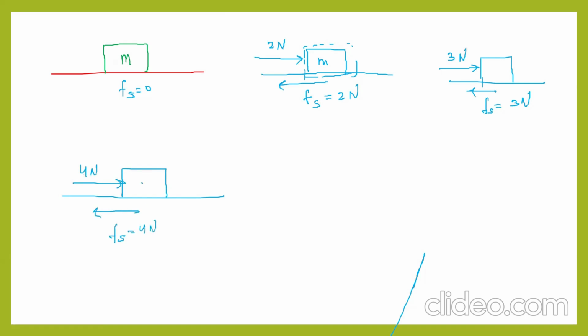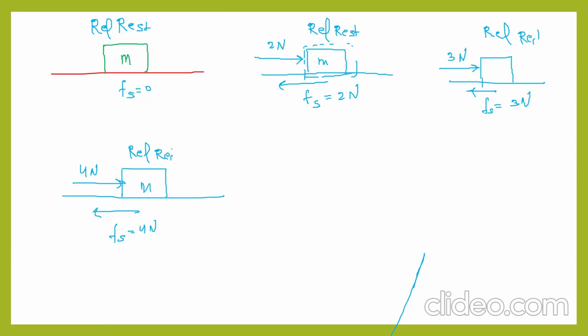Now you please tell me, in all these cases the object is at rest, relatively at rest. Here it is relatively at rest, here also, because 2 minus 2, there is no acceleration. Same here. Still it is in a relatively rest condition.